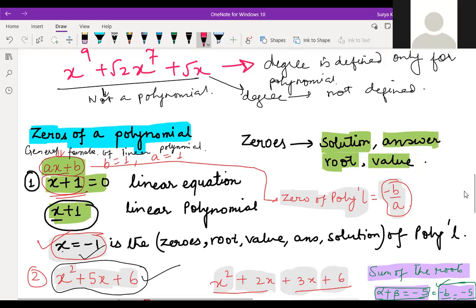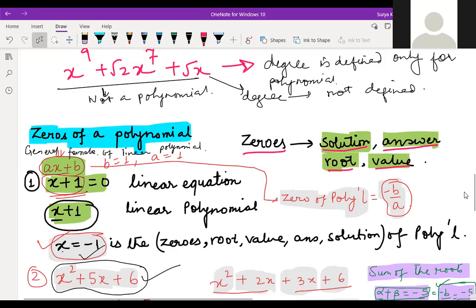Other names for the zero of the polynomial are solution, answer, root, and value. They may ask what is the zero of the polynomial, or find the solution of the polynomial, or find the answer, root, or value of the polynomial. It means that if you put the value inside the polynomial, you should get 0. Okay.